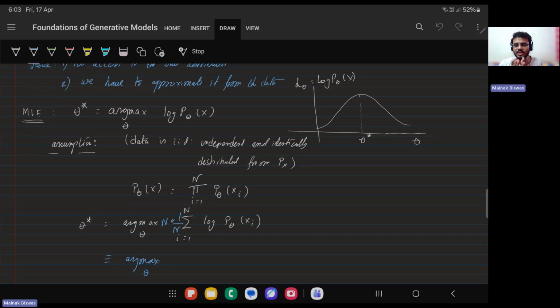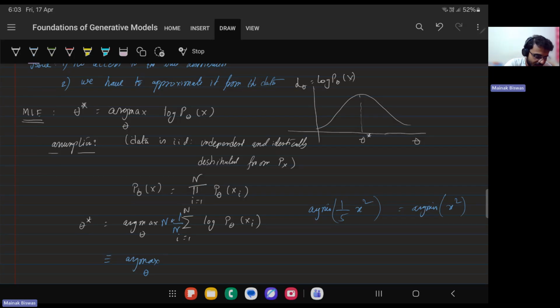But one thing to note: if a constant is multiplied to an expression, for example 1/5 times x squared, the minimum of 1/5 x squared is at the same point as the minimum of just x squared. The minimum value may change because you are multiplying the function, but the argument that minimizes it will be the same.